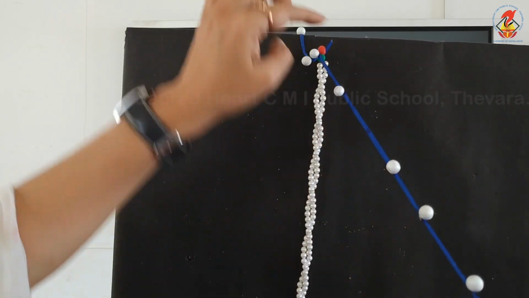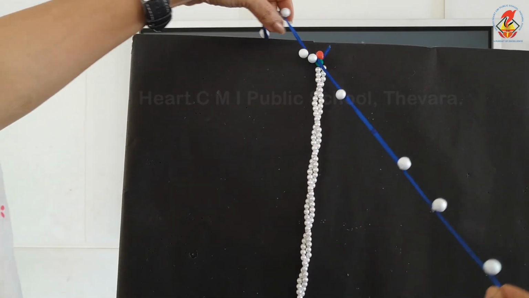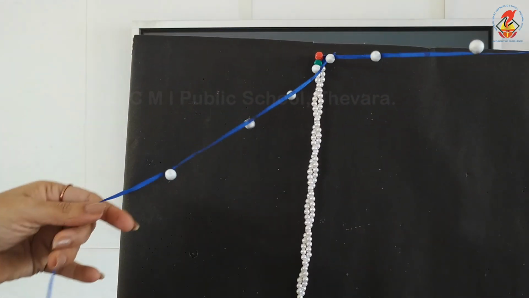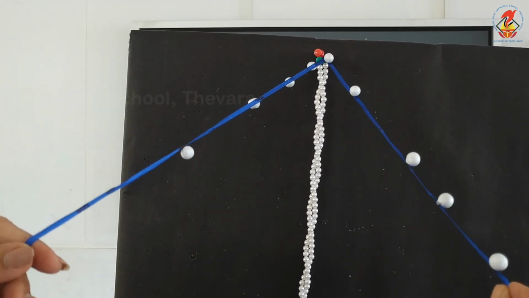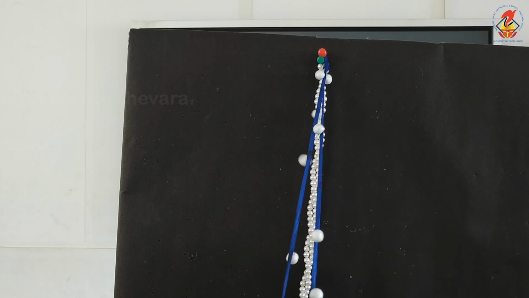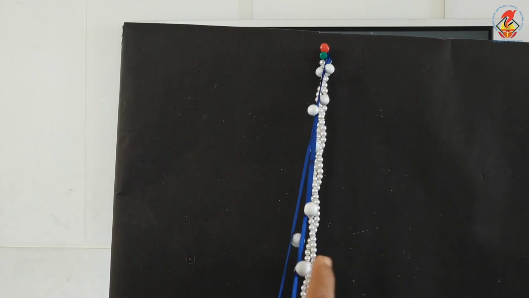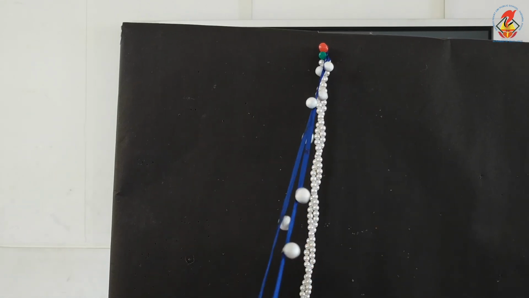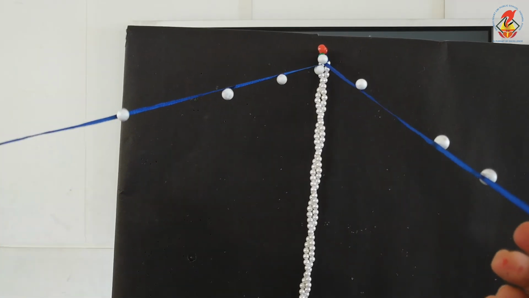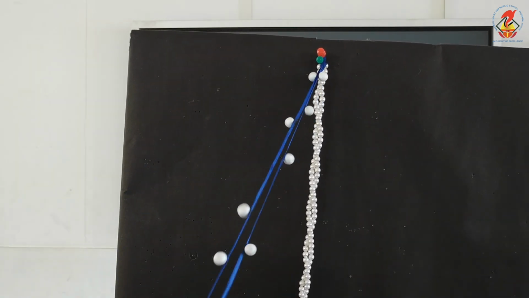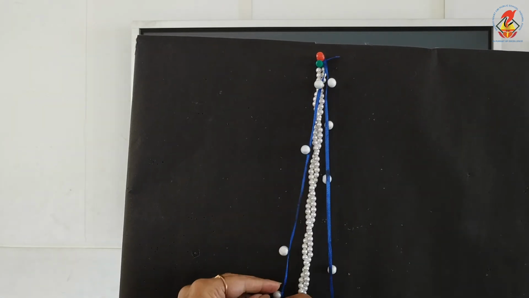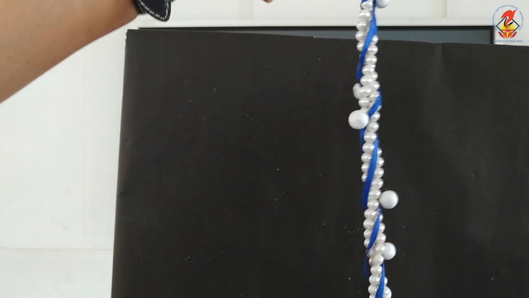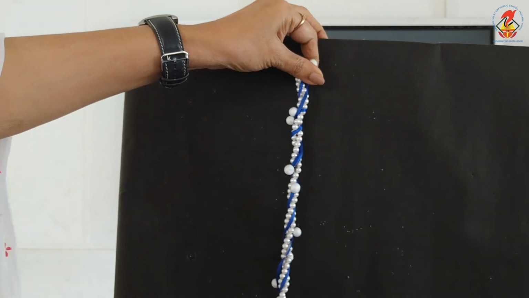Like that there are two such tropomyosins. This is one tropomyosin and this is the second, and you can see at intervals there are active sites, and on these active sites we can see the troponins bound. I hope you have understood. Now this is also going to be constructed. This is also going to run very close to the helically coiled F-actin. See the way all are packed together.